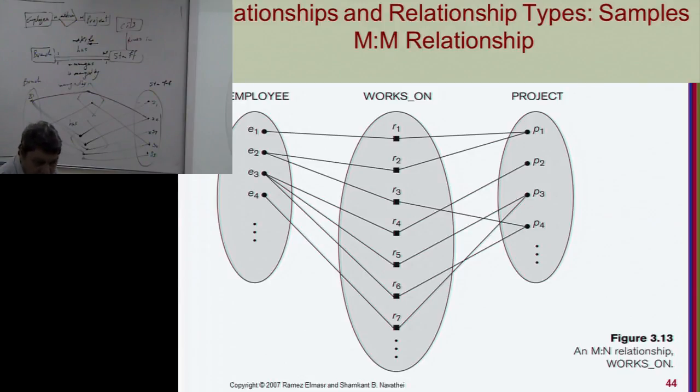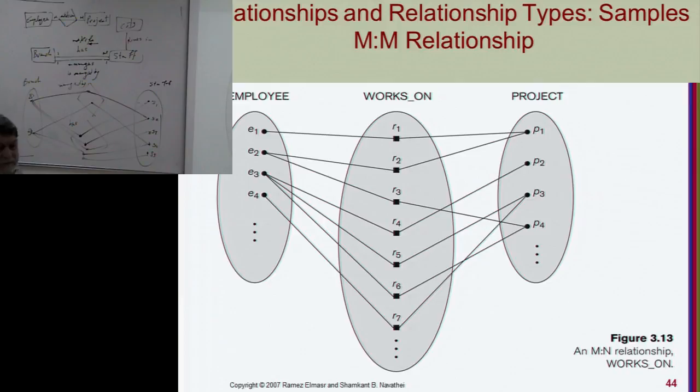The higher degree relationships with more than two entity types interrelated, of course, and also for the many-to-many relationships. These are two reasons. For one-to-many and one-to-one, a single arrow is enough. So those are two reasons.